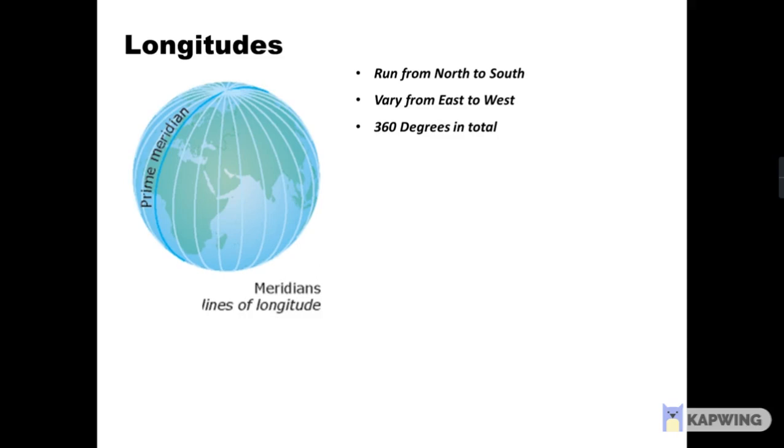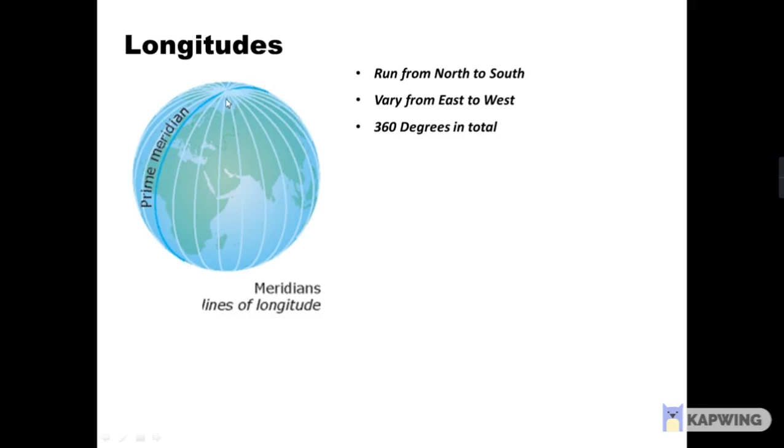As in the case of longitudes, they are totally 360 degrees in number. For that, first you have to understand that these longitudinal lines are more like great circles. As you can see, this longitudinal line is like a great circle. You can see one arm of that circle here, and the other arm on the other side of the globe.